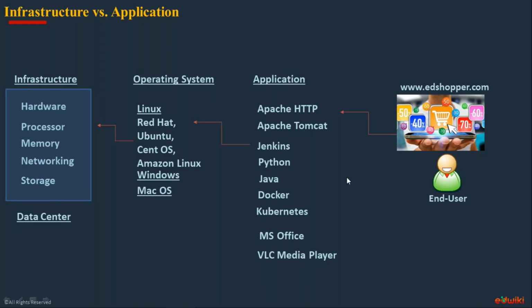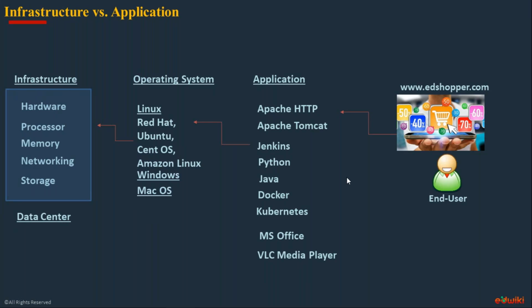Why am I giving this slide, guys? Because you are here for the full stack DevOps training program, thinking that we will be learning the DevOps tools, and most of you will know that when it comes to DevOps, we will be learning about Kubernetes, Jenkins. These are some popular tools that you are already familiar with.